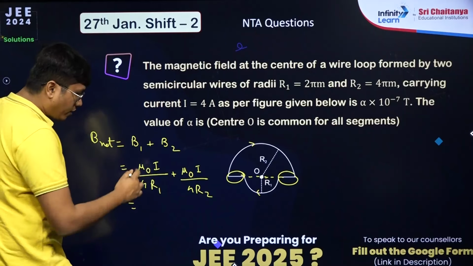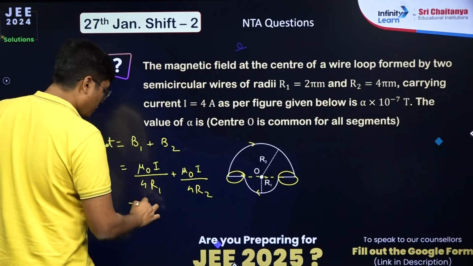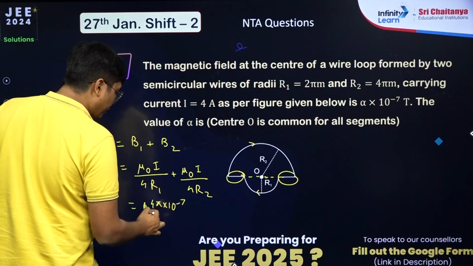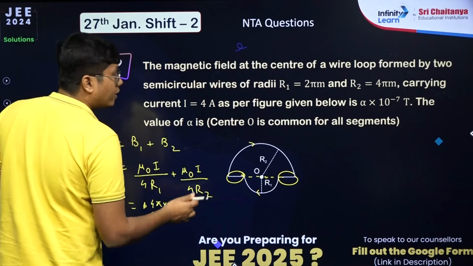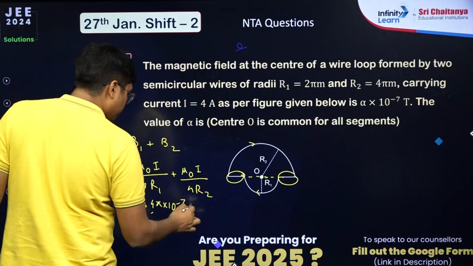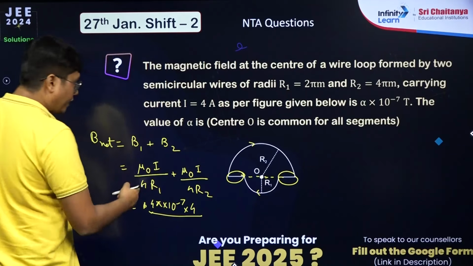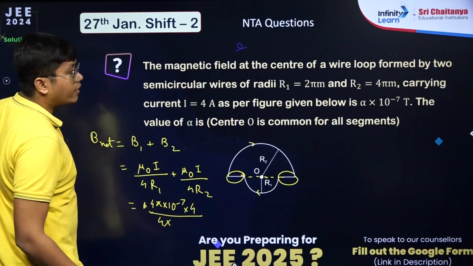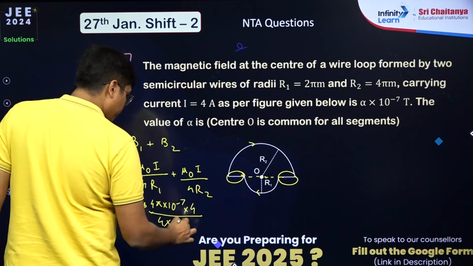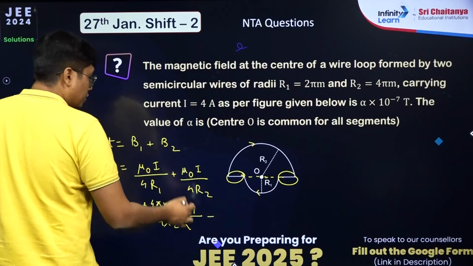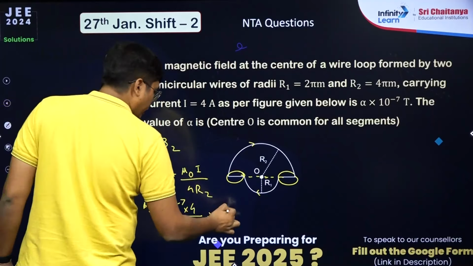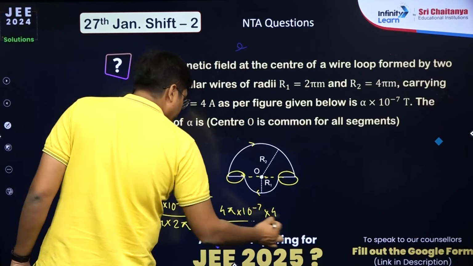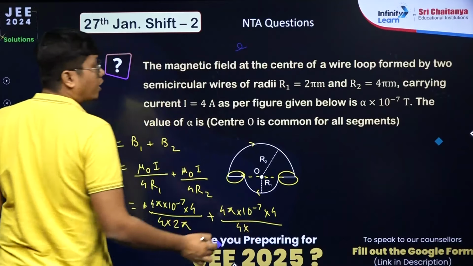So over here, what do we get? We get mu naught is 4 pi 10 to the power minus 7 into the current. Current was given as 4 amperes divided by 4R1. So 4 into R1 is provided as 2 pi, plus mu naught I, which is again 4 pi into 10 to the power minus 7, current is 4 amperes divided by 4 into R2 is 4 pi.